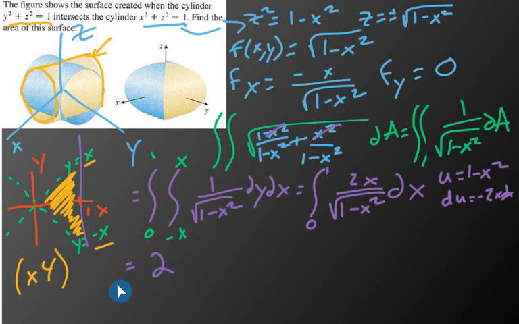So 2, what that represents is, I'm going to try and draw it here. It's like if I cut that chunk out, this blue part above the XY plane has surface area of 2.